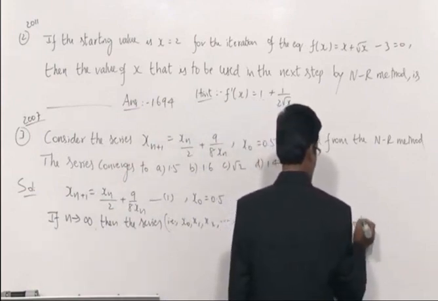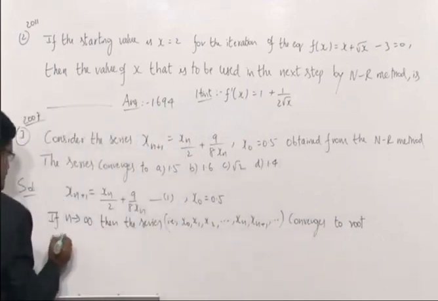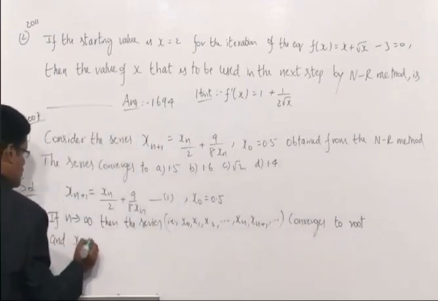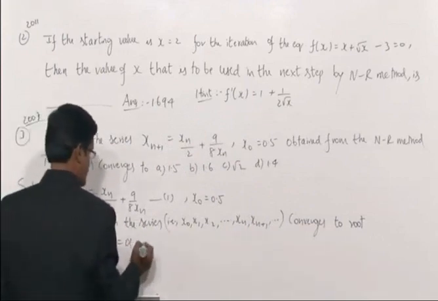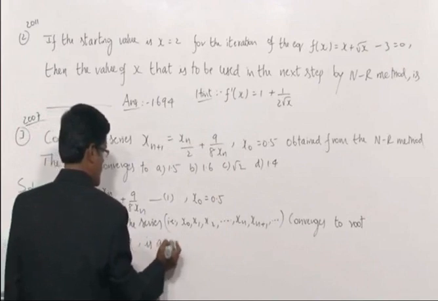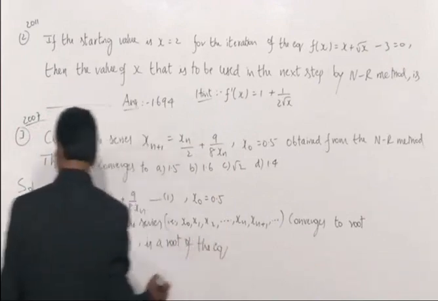to a root, and xn is equal to xn plus 1 is equal to alpha, a root of the equation.